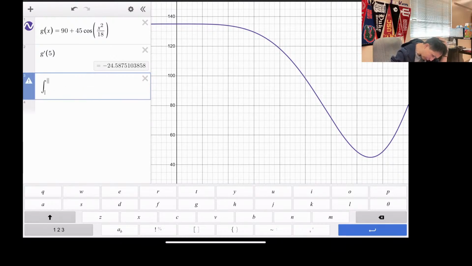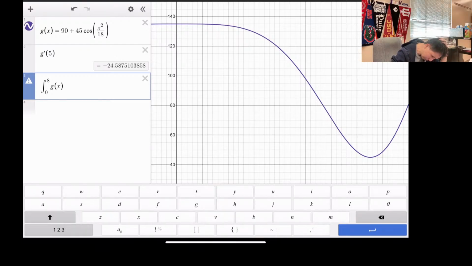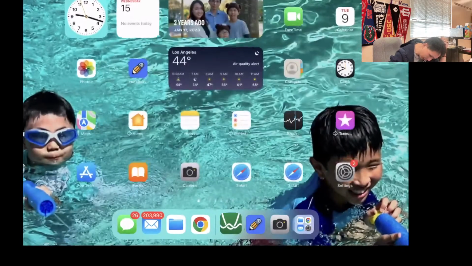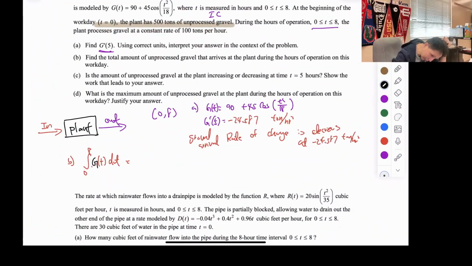If you don't know how to do integration between 0 to 8, it's 825.551. What's the unit? Tons. That's it. Wow, it looks so hard. It's so difficult, but it's not.